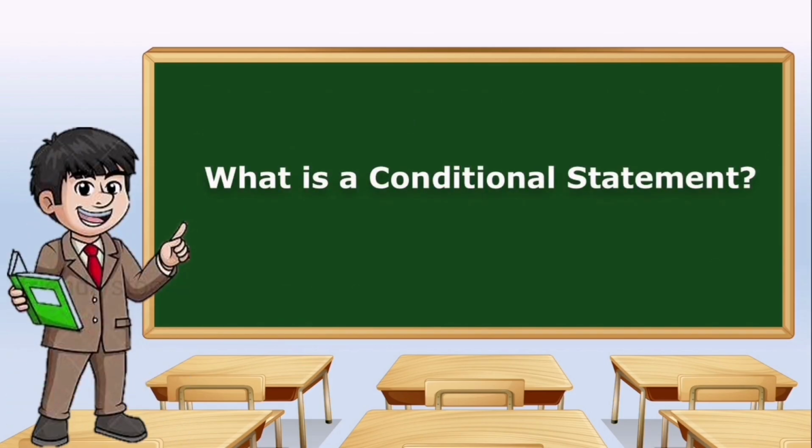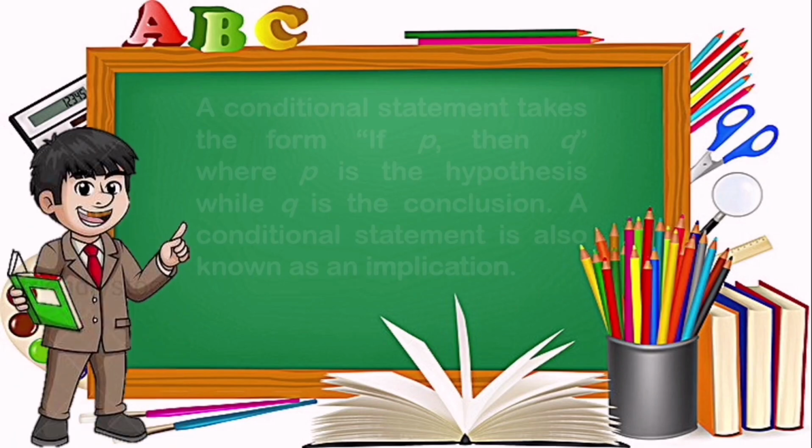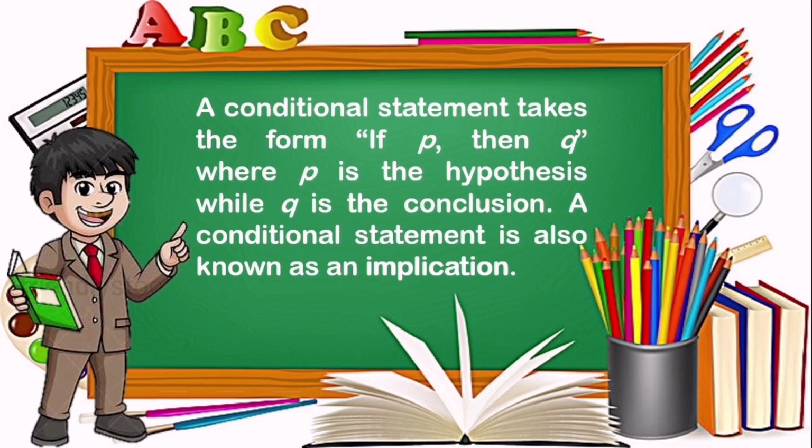What is a conditional statement? A conditional statement takes the form if P, then Q, where P is the hypothesis while Q is the conclusion. A conditional statement is also known as an implication.